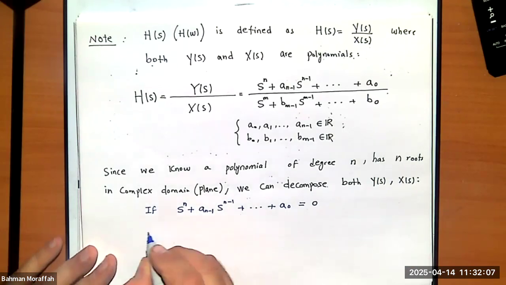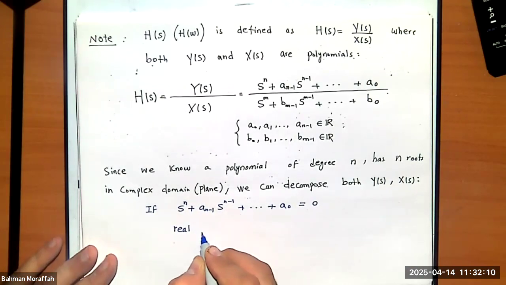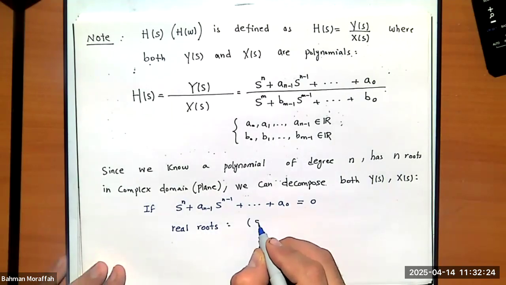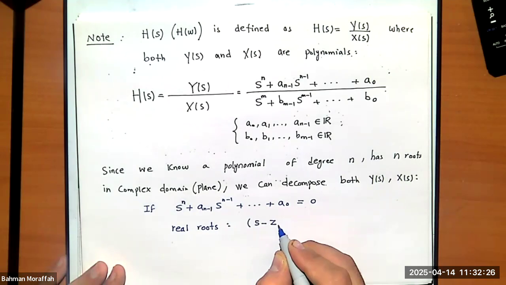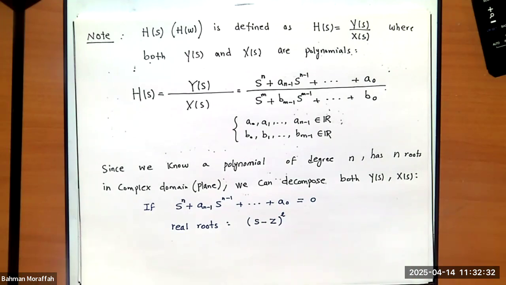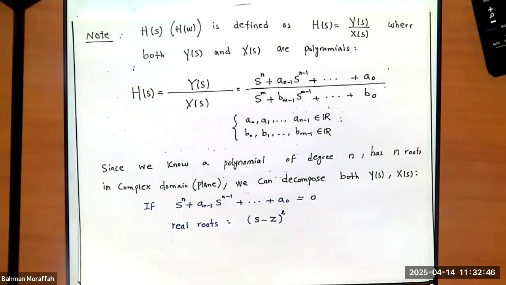So we have the roots, with some multiplicity. It's a real root, so I have s minus z to the power of something like this. So I can factor this term out, right? I have complex roots, right? Basically, what it means is that this is complex.